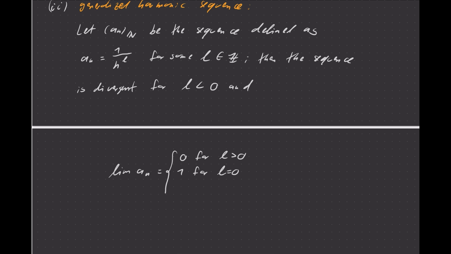And we already said in the case of negative L, the sequence is divergent. But as n is still positive, it does not alternate. There's no jumping around, but instead the value grows and grows and grows. So it's going to be unbounded. It's going to tend to infinity for negative L. So that's the behavior of the harmonic sequence.